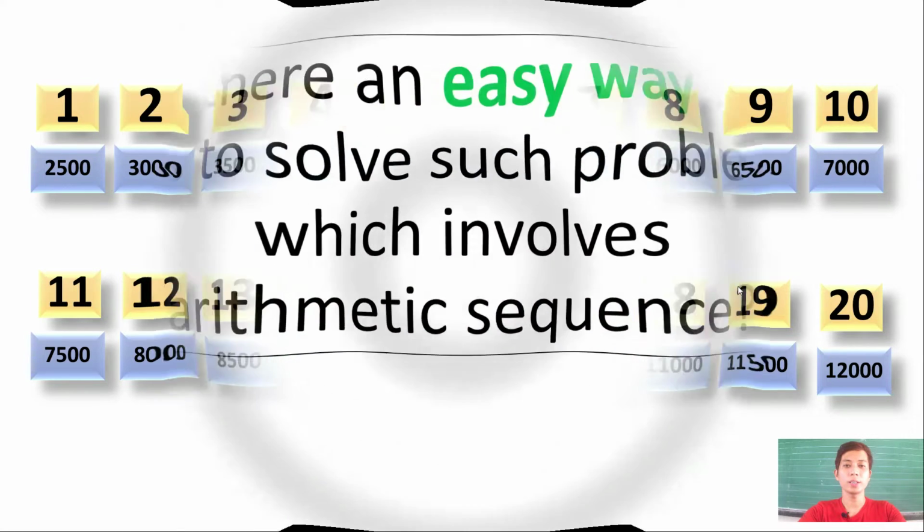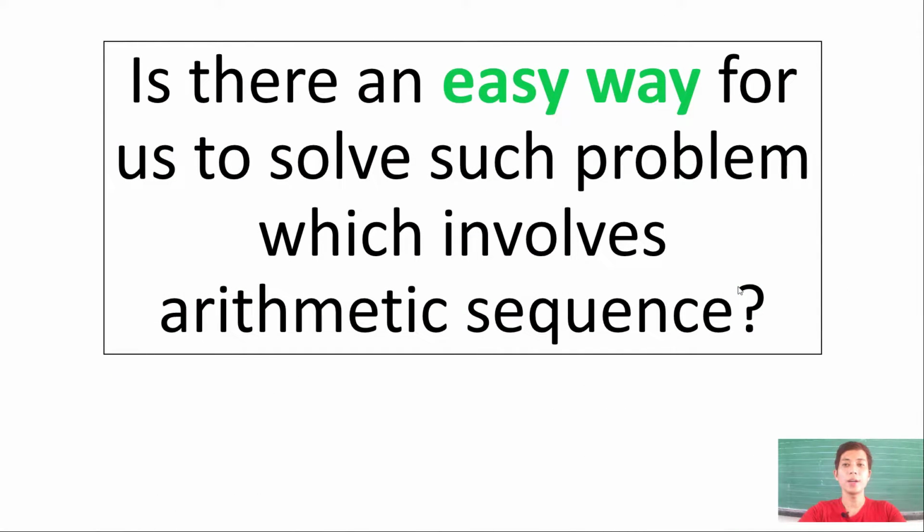Now the question is, is there an easy way for us to solve such problems which involve arithmetic sequence? Without listing all the numbers until you come up with the indicated term, is there a more convenient way to solve such problems?